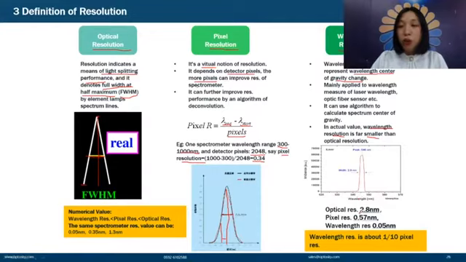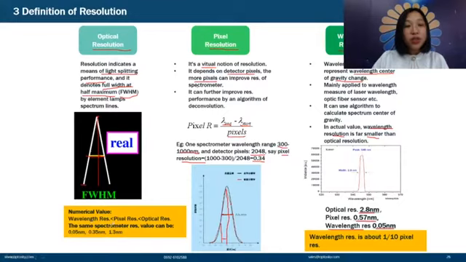We have an optical resolution. In this picture it is 2.8 nanometers, the pixel resolution is 0.57, but the wavelength resolution is only 0.05 nanometer. According to our experience, the wavelength resolution is only about 1/10th of the pixel resolution.